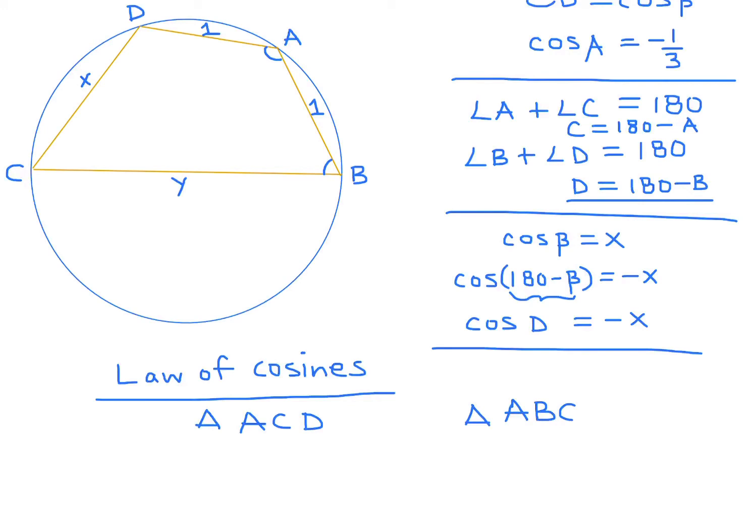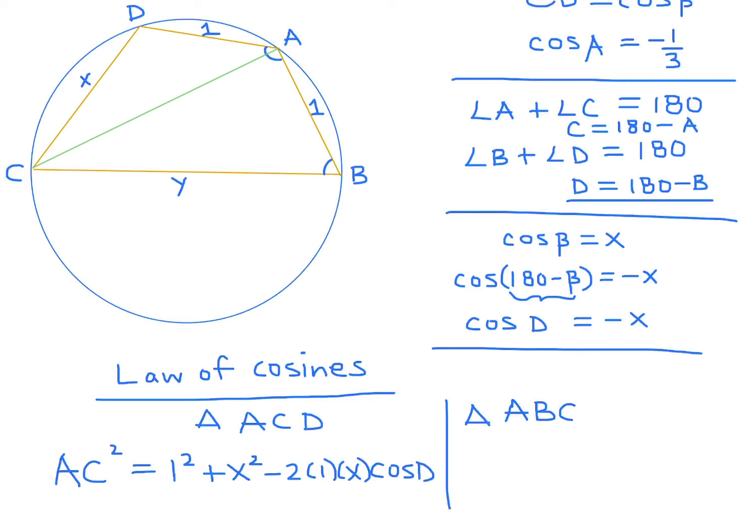So on triangle ACD, right here, that triangle right there, we're going to use AC as our primary side. So we got AC squared is equal to 1 squared plus x squared minus 2 times 1 times x and cos of D.